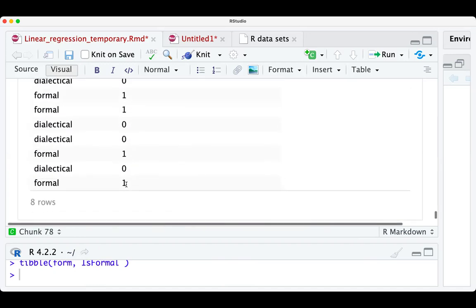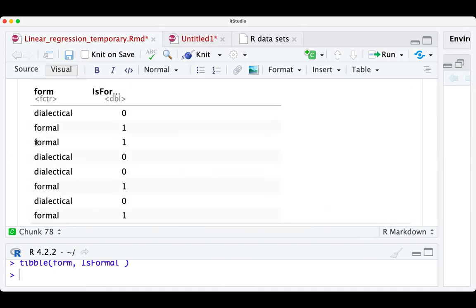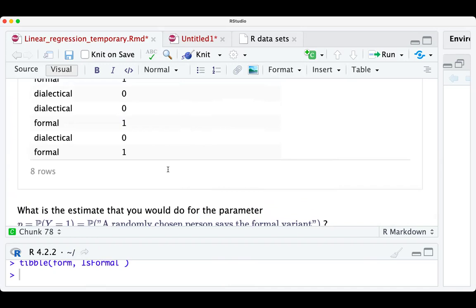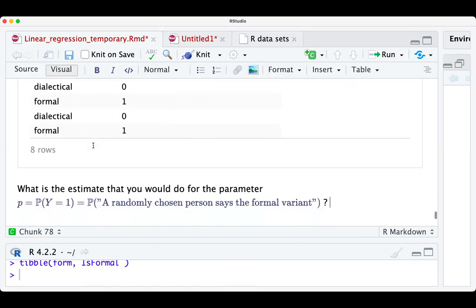I took only 9 people and checked whether they say the dialectical or the formal word. So to estimate the parameter, what would you do?